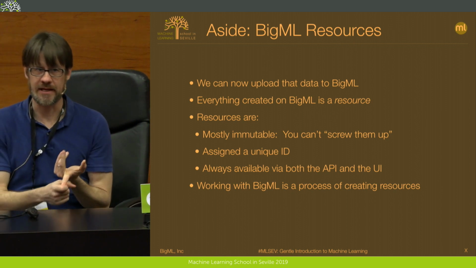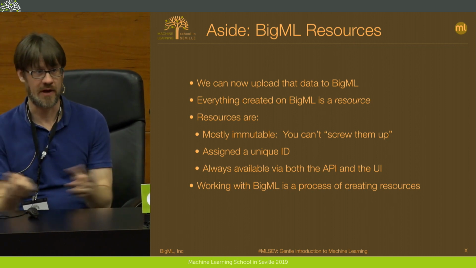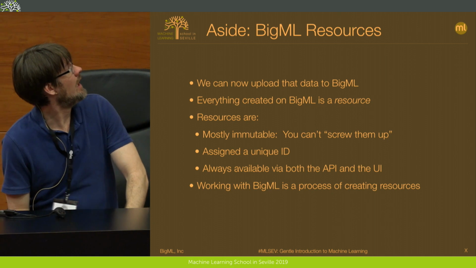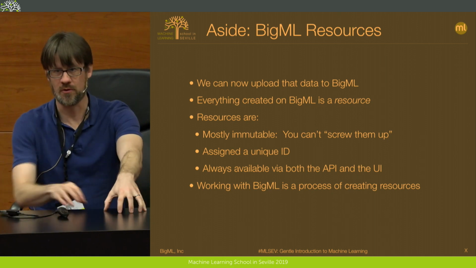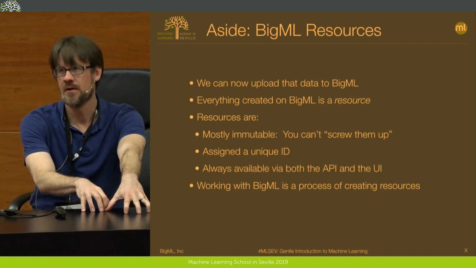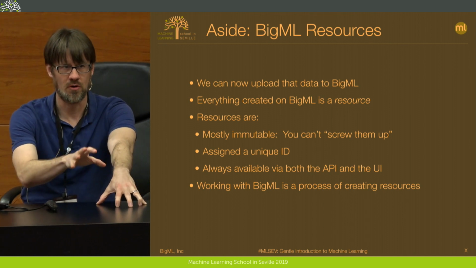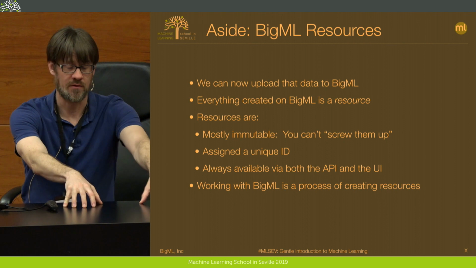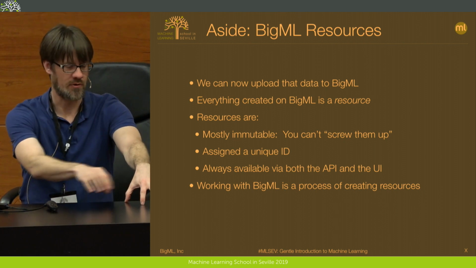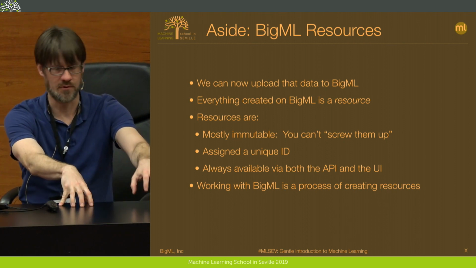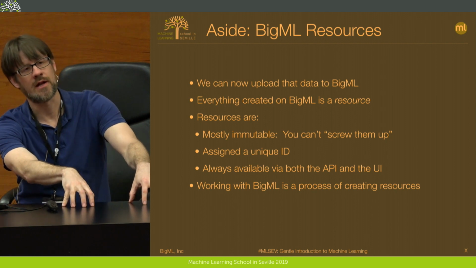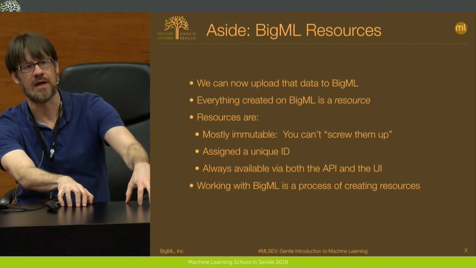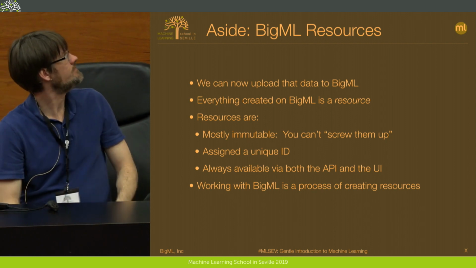They're assigned a unique ID, so you can always go back to that thing you created, and you can always access it both programmatically via the API, via Python or curl or whatever, or via the UI. Everything you create in one place is present in the other place. If you create it programmatically, you can still look at it in the UI. If you create it in the UI, you can still access it programmatically.